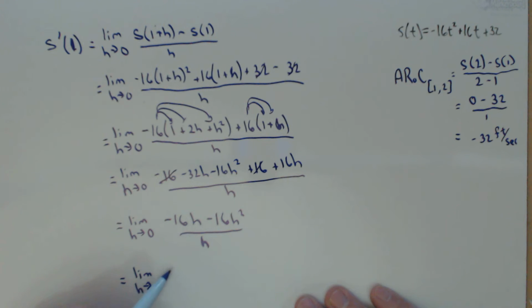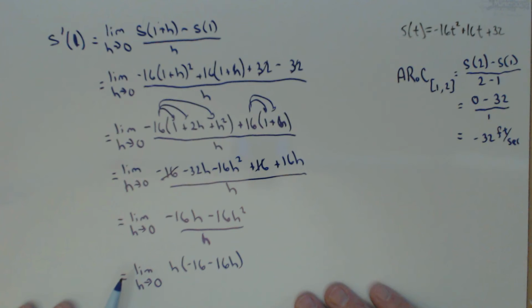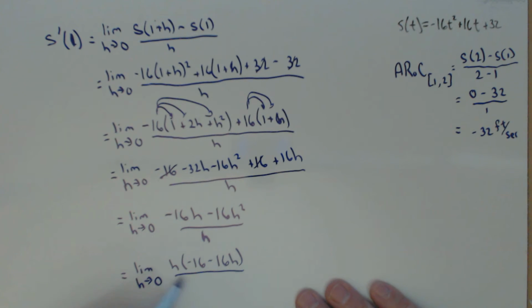And you could factor out a negative 16, but the most important thing is factoring out the h, because I want to get some cancellation. So that's what the h factored out of each term. All over h. Those cancel, which now allows me to solve this limit via direct substitution, plugging in 0 for h. That makes this whole part 0. And I get left with negative 16. So that's my instantaneous rate of change at 1 second.